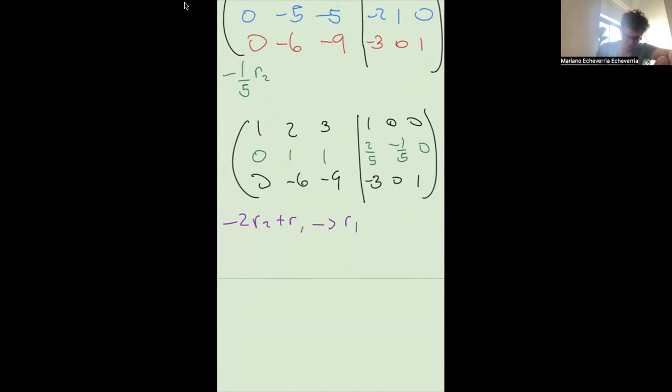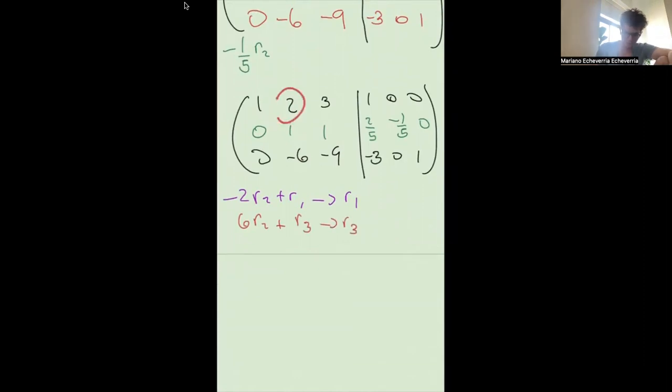And then 6 row 2 plus row 3 into row 3. That's a way to get a 0 here and a 0 here.